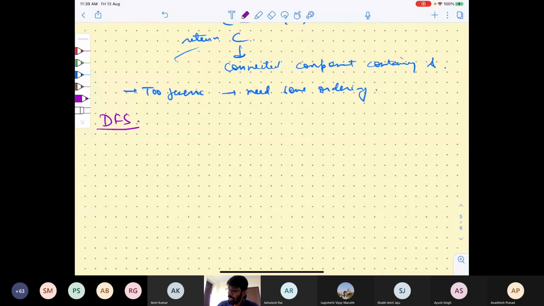So DFS basically goes from one vertex to some of its neighbor, and then it will not care about other neighbors of the first vertex. It will go to some neighbor of the second vertex, and it will go down, and it will go down. It will keep going down till it can go down. So that's why it is depth first search.